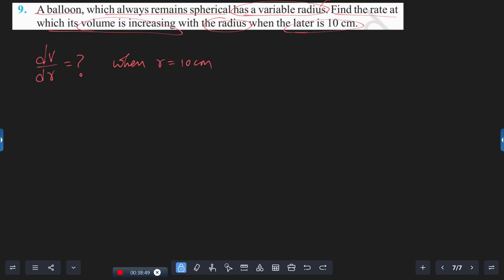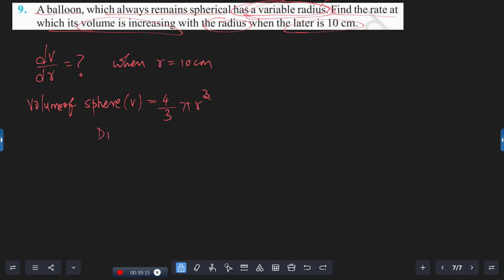Shall we find? It is very easy only. Volume of a sphere, that is V, which is equal to 4 by 3 pi r cube. Okay, listen carefully. Here variable radius is mentioned, then with respect to radius only you have to go.